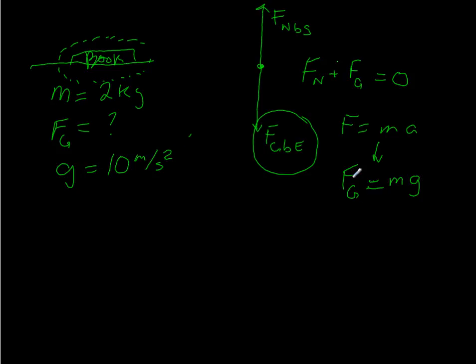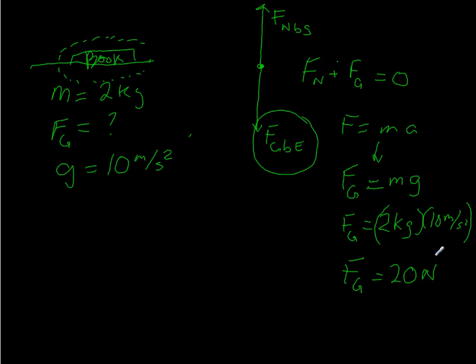So I'm looking for Fg, and I know my mass is 2 kilograms. I'm going to multiply that by my g, which is 10 meters per second squared. And my Fg is 20 newtons.